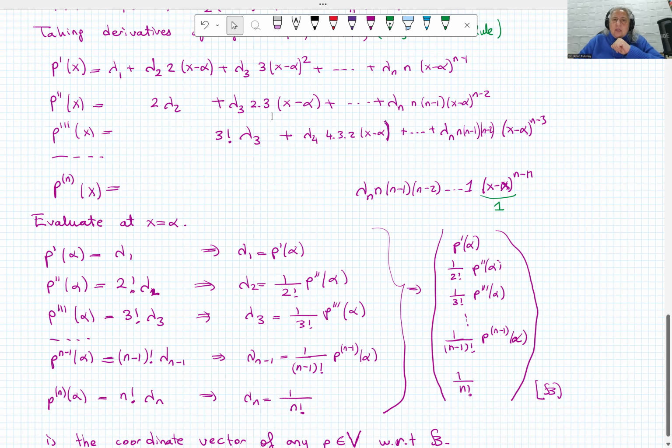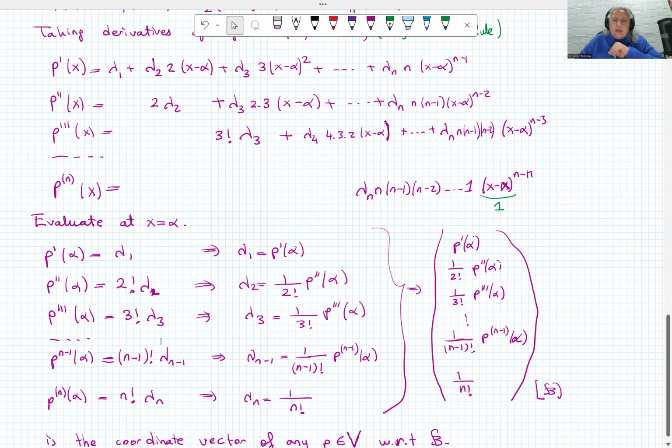For the third one, all will be gone and you will have 3 factorial lambda 3. So lambda 3 will be 1 over 3 factorial times the third derivative of the polynomial evaluated at x equal to alpha.